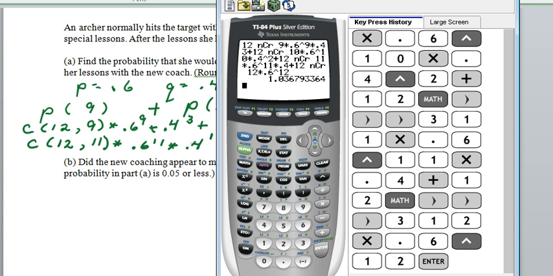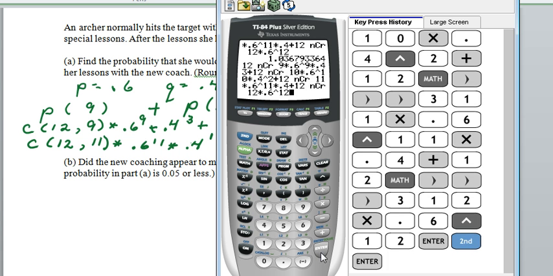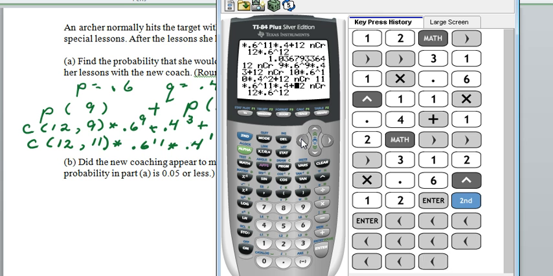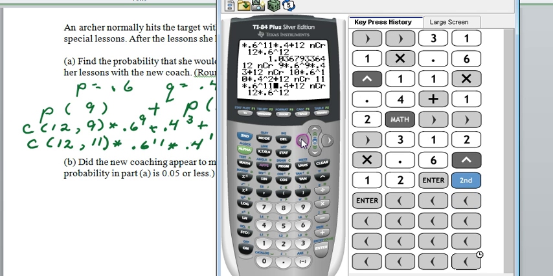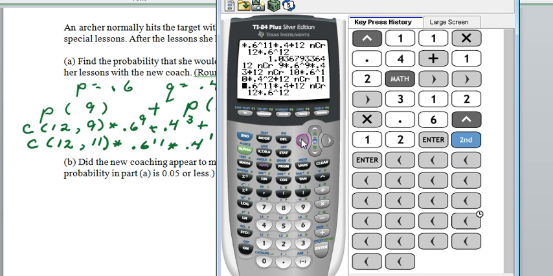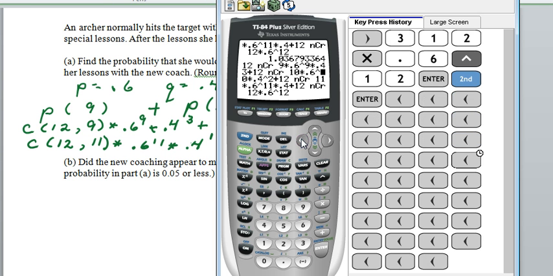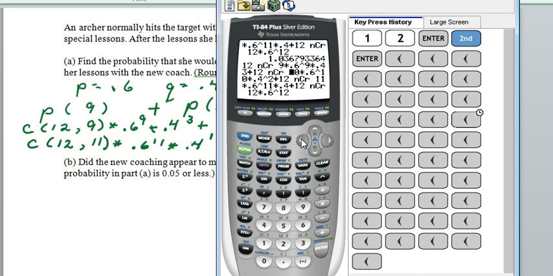I see where the error comes, and so I'm going to go second, enter, and I'm going to back up to the 4 at the end of the first line of the calculation. It should have been followed by a caret symbol.